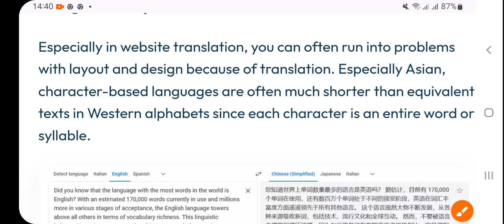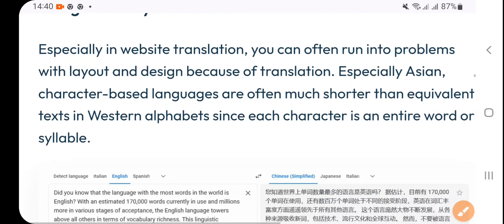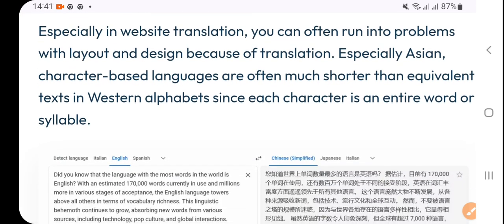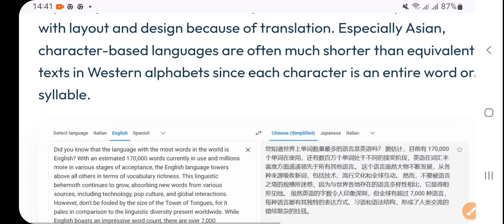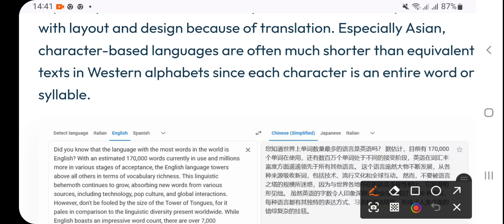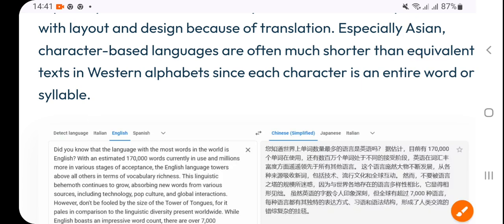These are design and layout issues. A big problem, right?